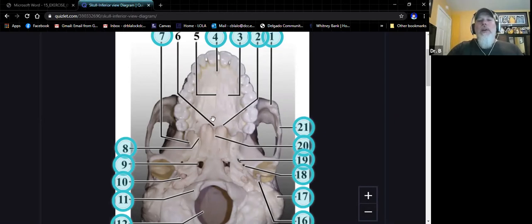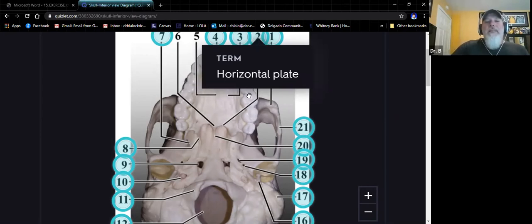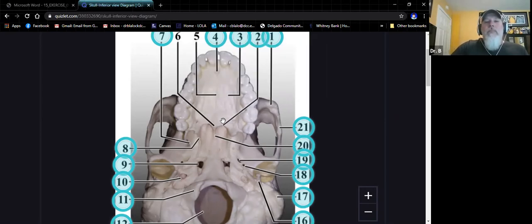Number two, right back here, that is pointing to the horizontal plate. Okay, horizontal plate is going to run right across like that. Number four is an opening right here behind these front teeth. These front teeth are referred to as incisors. So this is the incisive foramen.